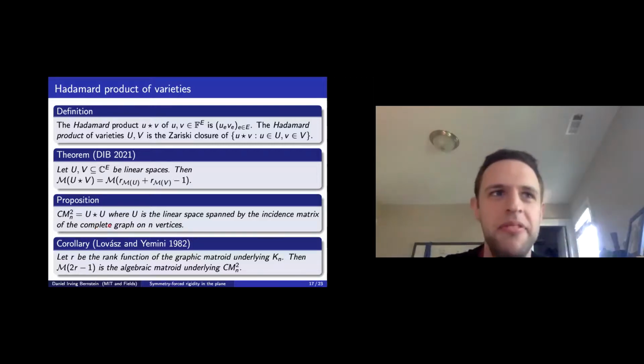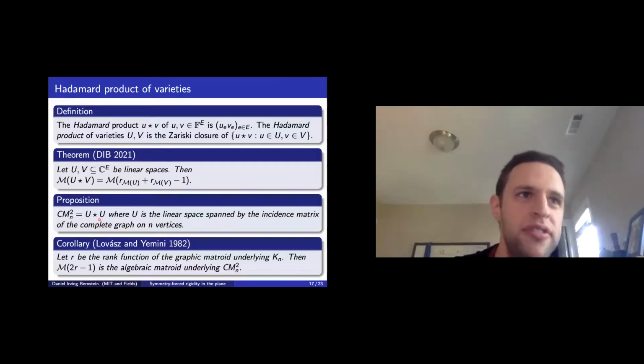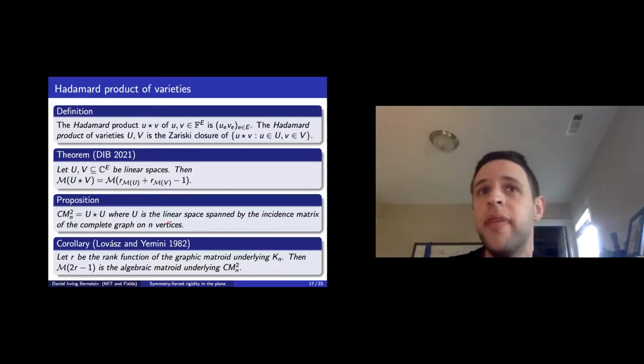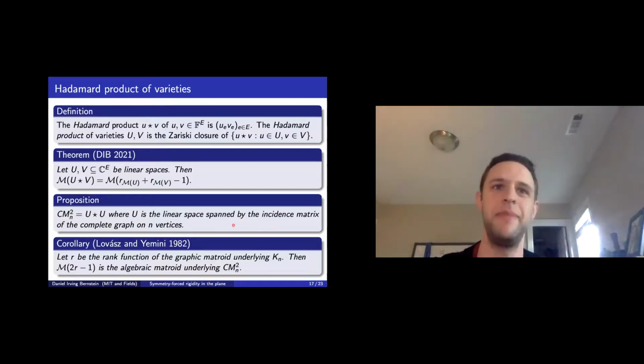Okay, so I'm done using tropical geometry words. The Cayley-Menger variety of n points in 2-dimensional space is the Hadamard product of some linear space with itself, where that linear space is spanned by the incidence matrix of the complete graph on n vertices.